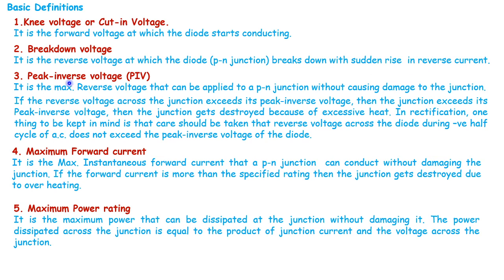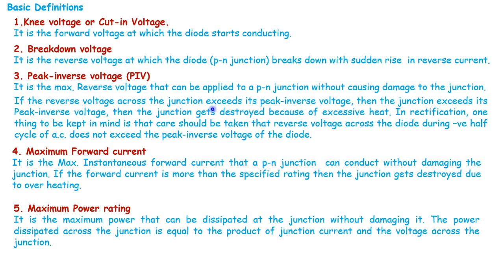Peak inverse voltage is the maximum reverse voltage that can be applied to a PN junction without causing damage to it. So how much reverse voltage we can apply while the PN junction is still not damaged, that voltage we name as peak inverse voltage.